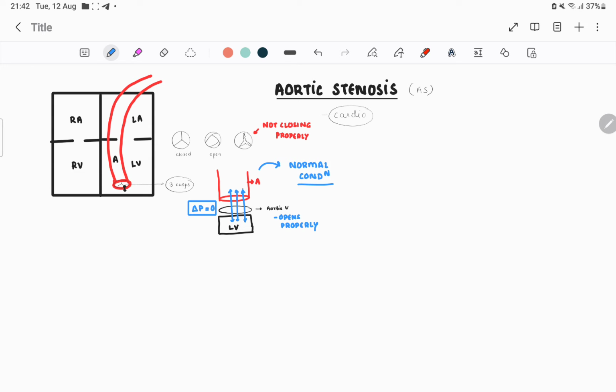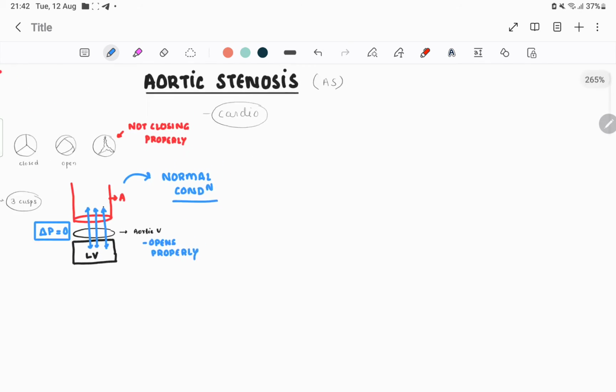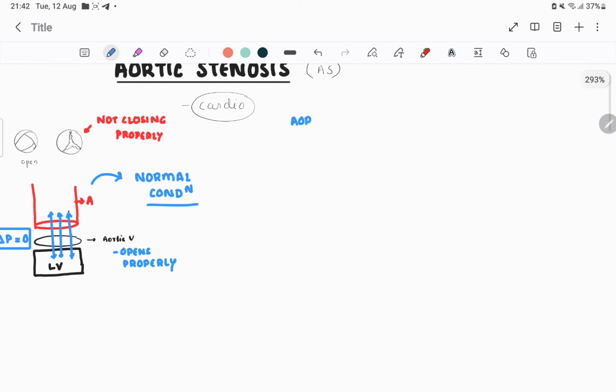This will have implications in the pathogenesis of aortic stenosis. So pathogenesis, what it says, we have something called aortic sclerosis.